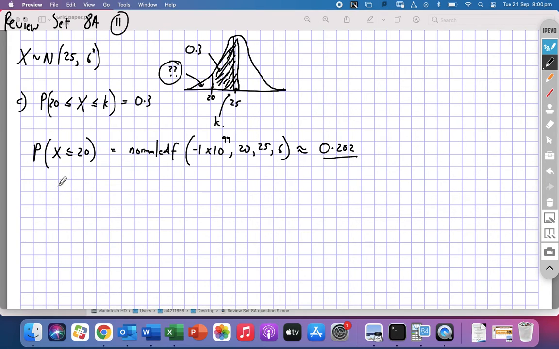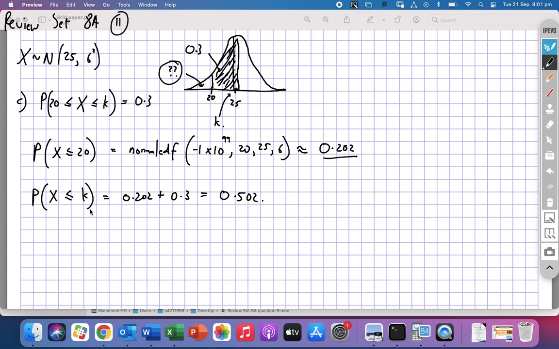So we could use that area. We could say the probability that x is smaller than k has to be 0.202 plus 0.3 equals 0.502.